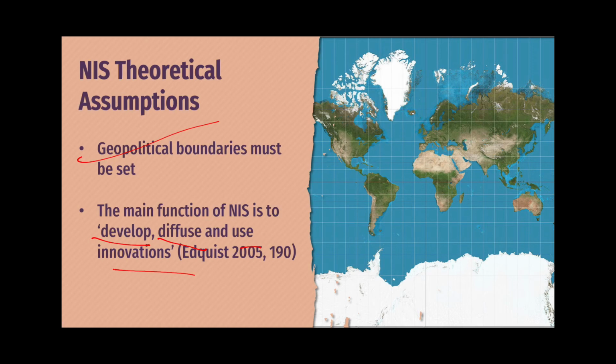Now, how easy is it to do a startup in the Philippines, right? How easy is it to get a patent in the Philippines, right? And how much support would you give a Filipino scientist for them to pursue a specific innovation? That is what we talk about in terms of NIS. And there's not one easy answer for those questions, diba? And there's not one specific institution that we look at.